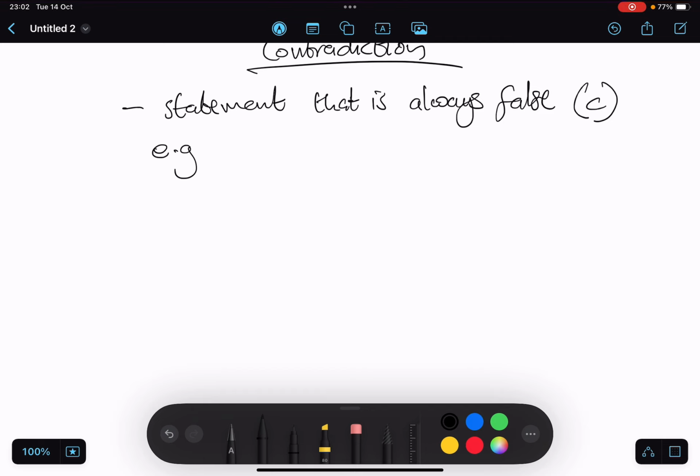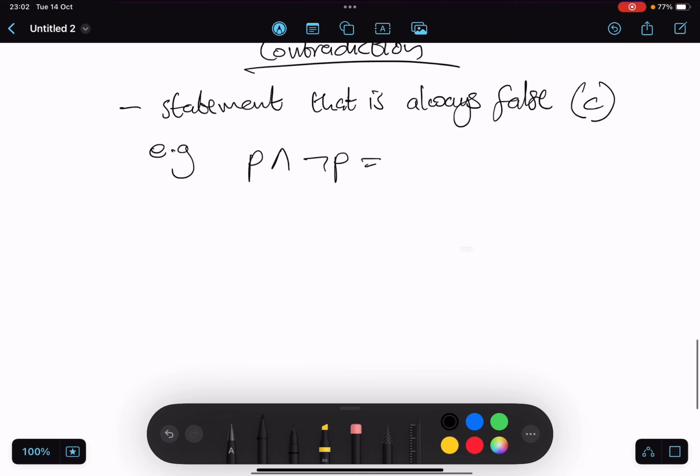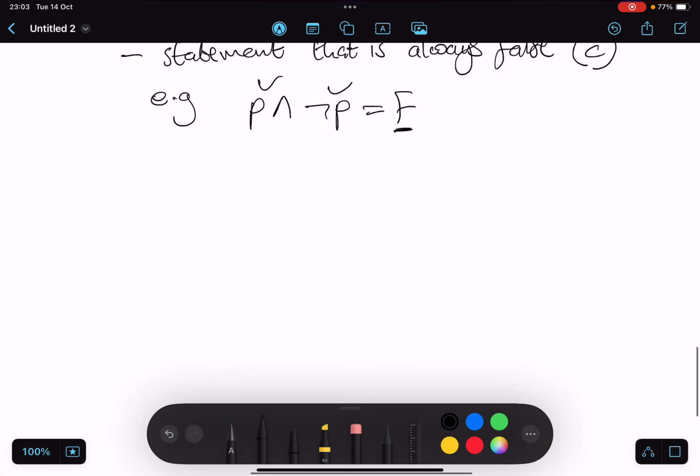We can have P and negation P, right? This is always false, isn't it? Why is it always false? Because with conjunction, we are saying it's true only if both statements are true. But here, they're not both true. One of them is true. So that's why the entire statement is false.